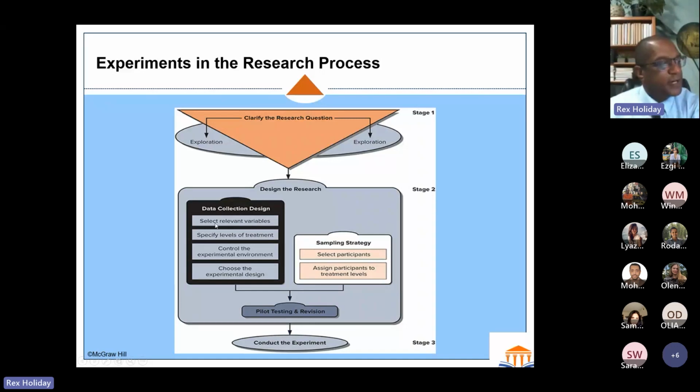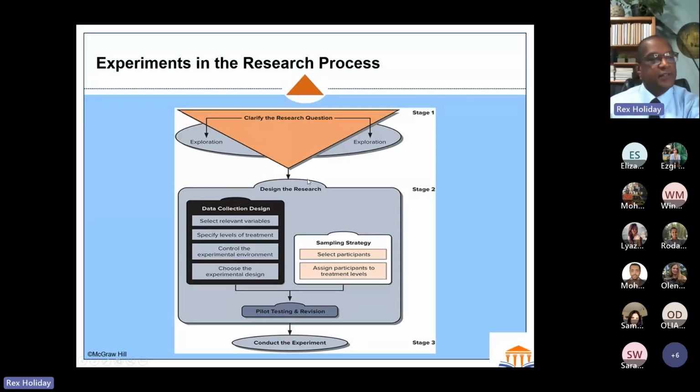Select the relevant variables, specify levels of treatment, control the environment, choose experimental design. Then over here, sampling strategy, select participants, assign participants to treatment levels. Then over here, pilot testing and revision, and I can save money and time to do that. And then you conduct the experiment.